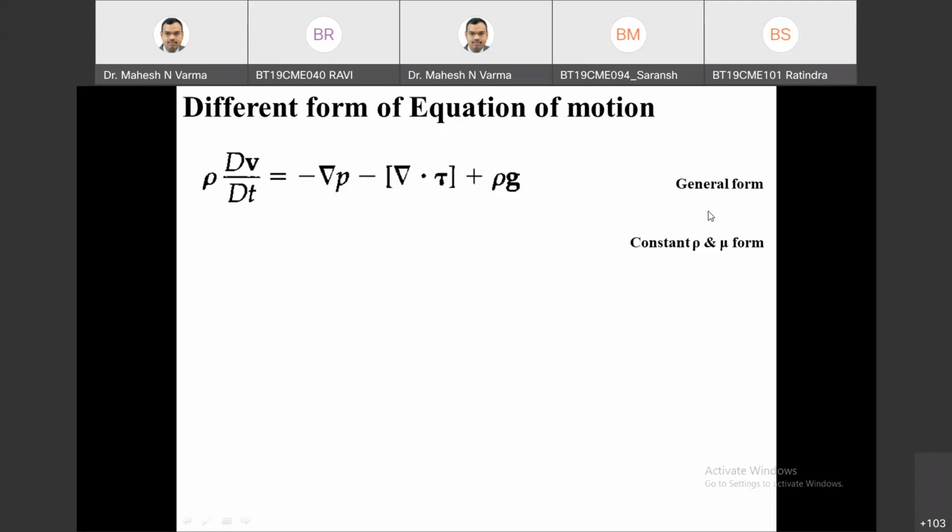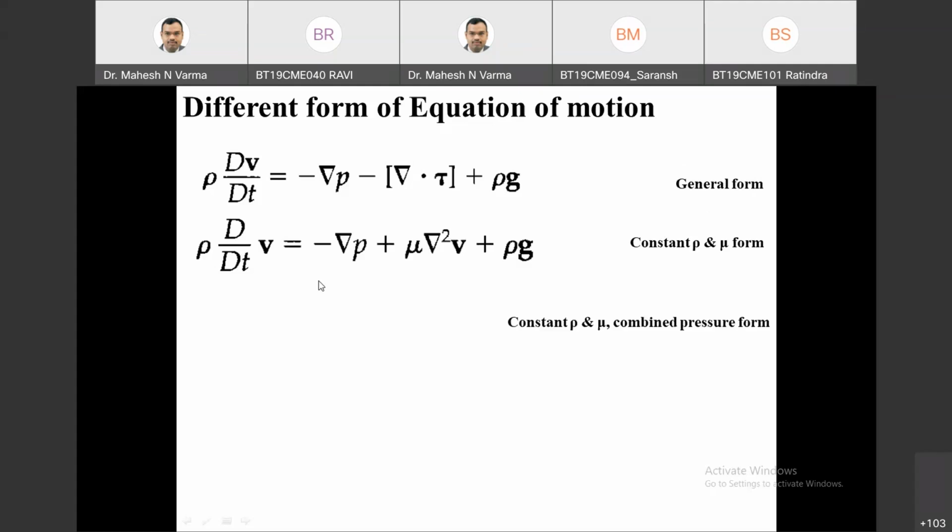Then after rearranging, for constant density and viscosity, this is the Navier-Stokes equation, and then we have constant density, viscosity, combined pressure form. So this is the equation. Then we have non-accelerating flow. Non-accelerating flow means this will be equal to 0.